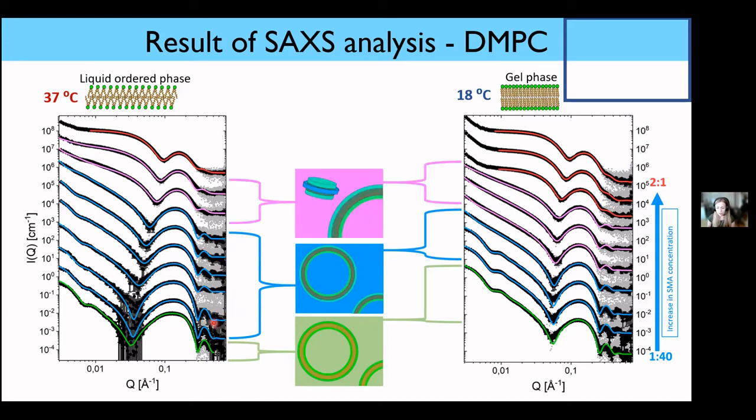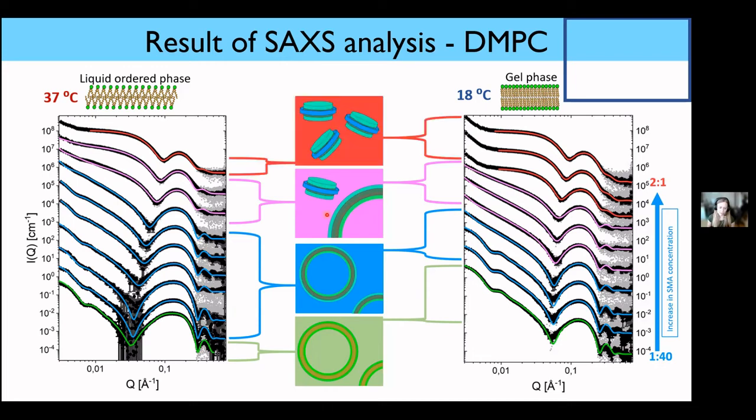We then had a region where we had to apply a sum of mixed vesicles and disc model, since neither one of them could accurately describe the results alone. So in this case, we have coexistence of the two structures in the solution.